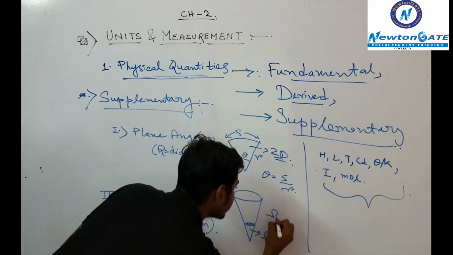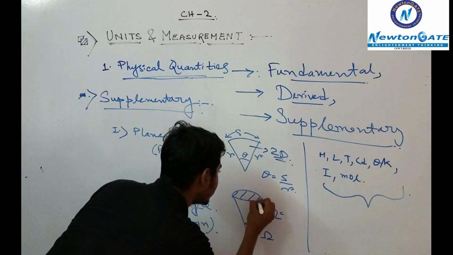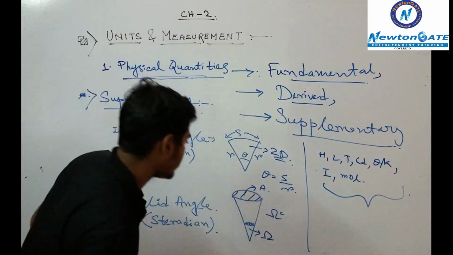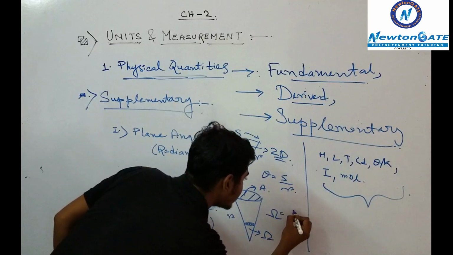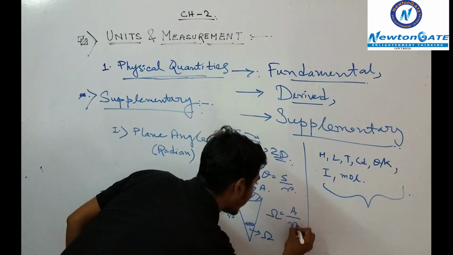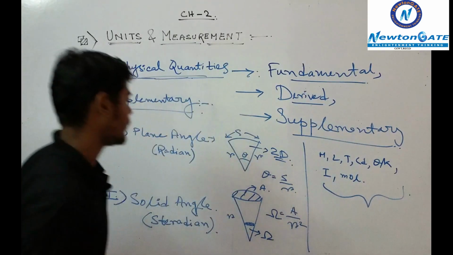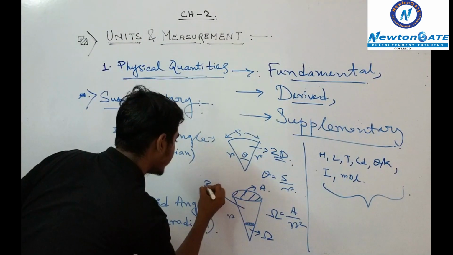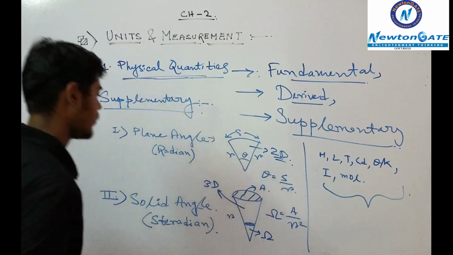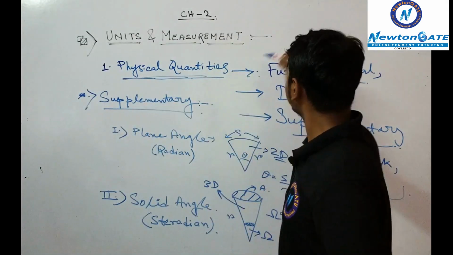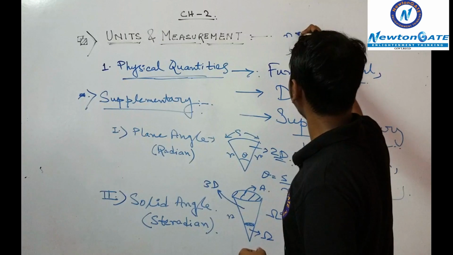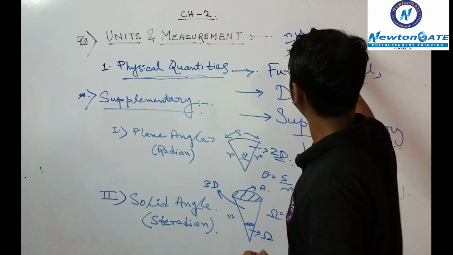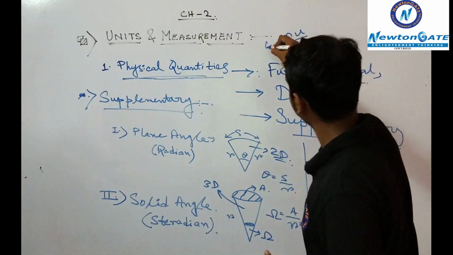Omega is the area A upon radius squared, A upon r squared. If we complete this, we get a sphere, so this is a 3-dimensional figure. Whenever we are measuring a physical quantity, there is a number n, and after that there is a unit.